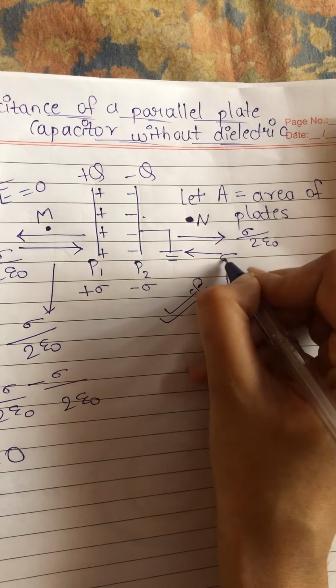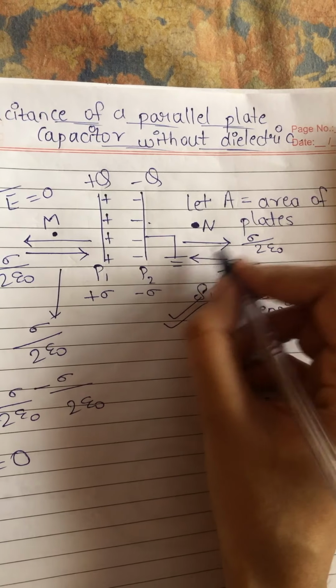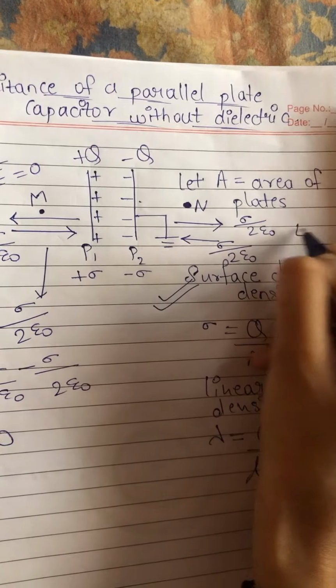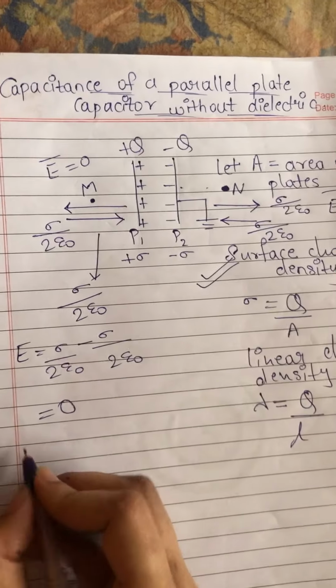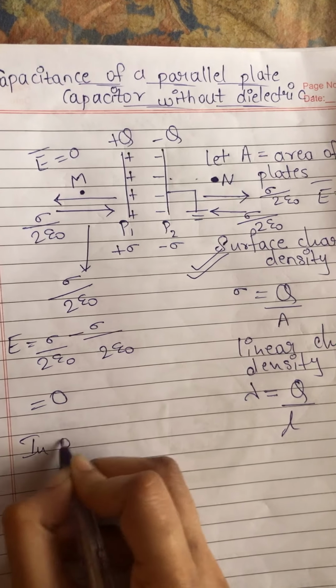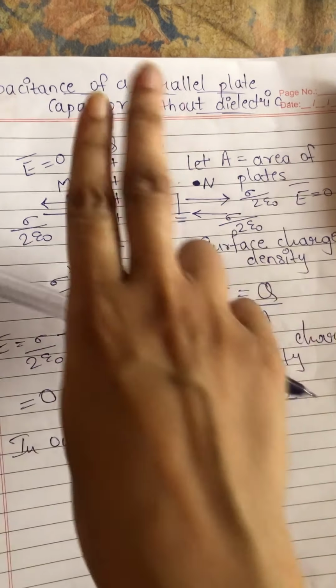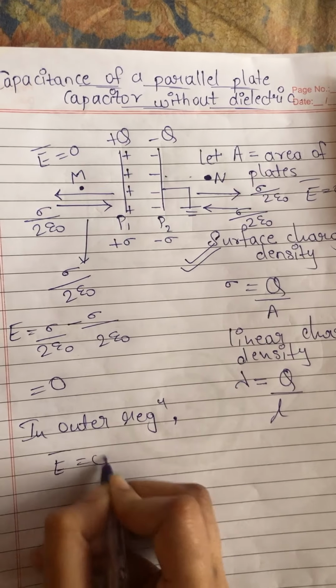In this case also the formula for electric field is same, but again the direction of both the electric fields is opposite. So even at point N the electric field is 0. From this what we can see, that in the outer region, means outside the two plates at point M and N, the electric field is 0.